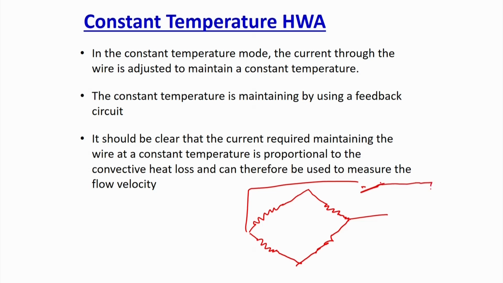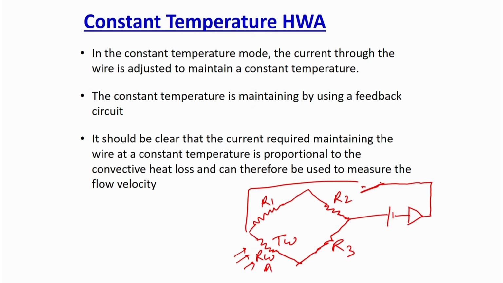Then I am coming here, I went for a servo type amplifier, and then I have given a voltage difference. Now, what will happen? Initially say R1, R2, RW and R3 are maintained, and the wire is maintained at temperature TW. Now, if I expose it to a fluid, then the temperature of this wire resistance will change, and because of that the RW will also change.